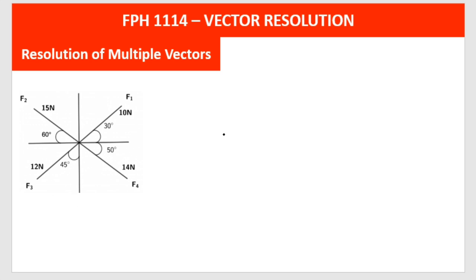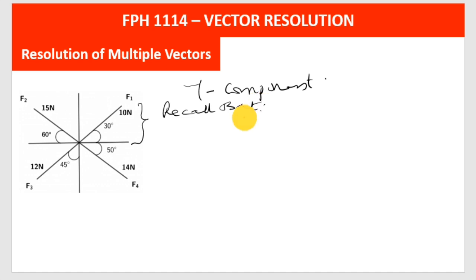Alright, so we start resolving this. First of all, we have to resolve this guy here to the vertical component. So we start with this. Since we are resolving to y components, recall that Fy1 is equal to F1 sine theta.